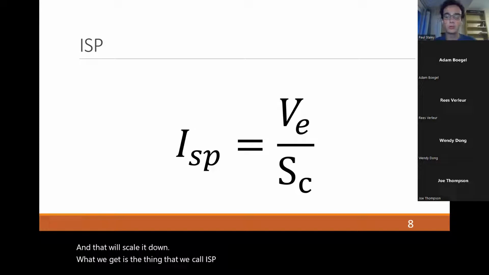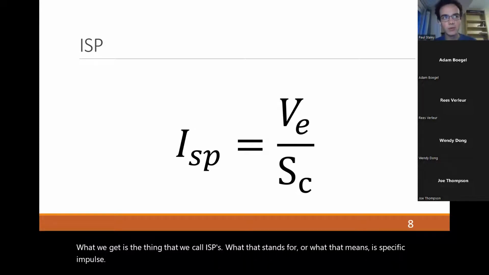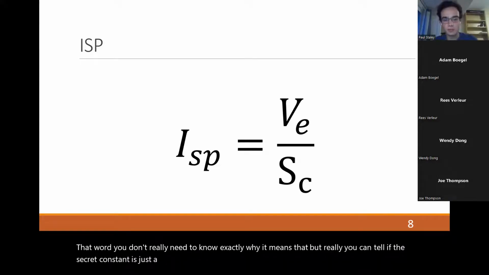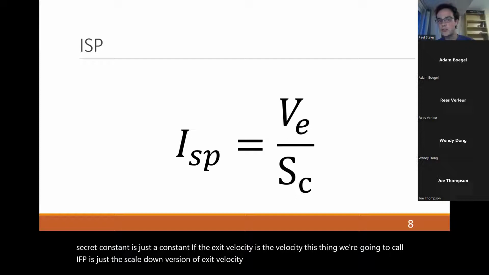What that stands for, or what that means, is specific impulse. You don't really need to know exactly why it means that, but you can tell if the secret constant is just a constant, and the exit velocity is a velocity, this thing we're going to call ISP is just a scaled down version of exit velocity. It controls the other equations in the same way.